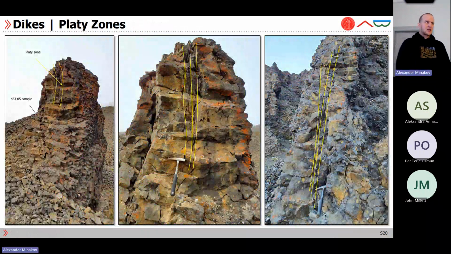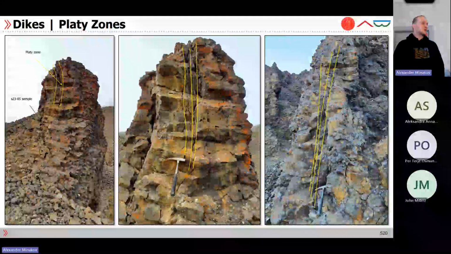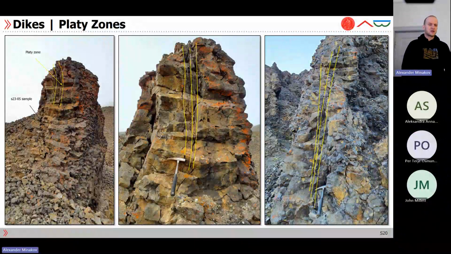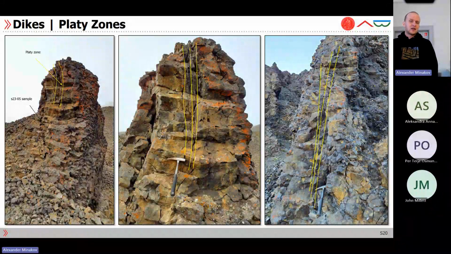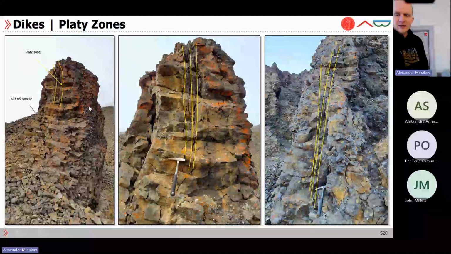And also these plate zones are not only related to the lava flows and to the basal part of the lava flows. They are literally everywhere in the Sverrefjellet. We observe them also in dikes, and here in dikes you can also see that they are parallel to the top and bottom parts of the dikes.